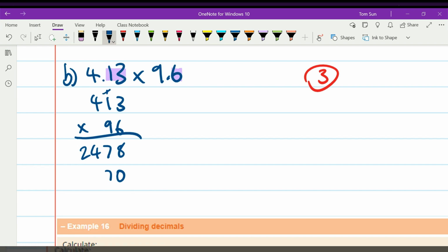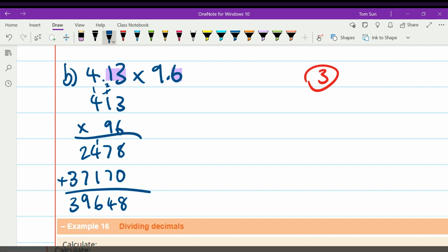Put the 2 at the top. 1 times 9 is 9, plus the 2 is 11. Put the 1 at the top. 4 times 9 is 36, plus the 1 is 37. Then I add these together. So this is 8, 14. 1 plus 4 is 5, plus 1 is 6, 2 plus 7 is 9, 3 is here.